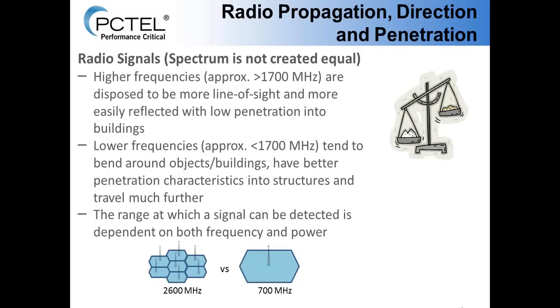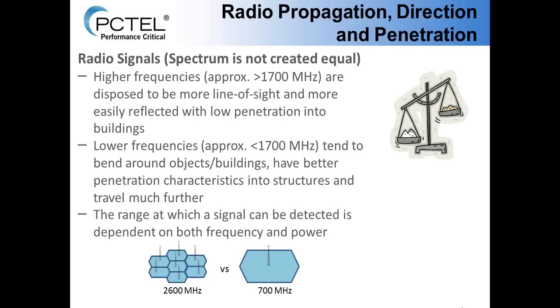And the range of the signal, say you have an interferer that can be detected, is dependent both on the frequency, as I'm showing here, depending upon where that interferer lies in the frequency spectrum, as well as power. To give you an example, if you look at the chart below, you have a 2600 megahertz network and a 700 megahertz network, and you need about 7 to 9 cells to have the same type of coverage with a 2600 megahertz network as you do with a 700 megahertz network.